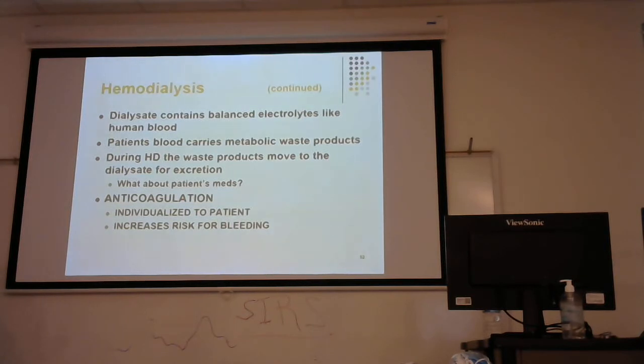So if my dry weight is supposed to be 150, and I come in and I weigh 155, then they're going to try to pull 5 pounds, or a little over 2 liters of fluid, off of me. I may do okay and get that all off. I may get hypotensive during it. And we'll talk about what to do if they do.